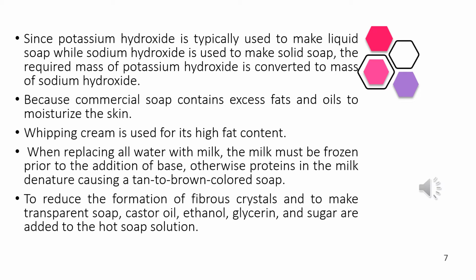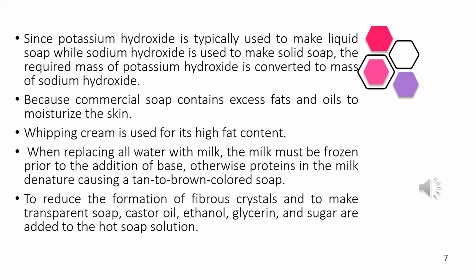To reduce the formation of fibrous crystals and to make transparent soap, castor oil, ethanol, glycerin and sugar are added to the hard soap solution. So, to reduce the formation of fibrous crystals and to make transparent soap, there are certain ingredients used.